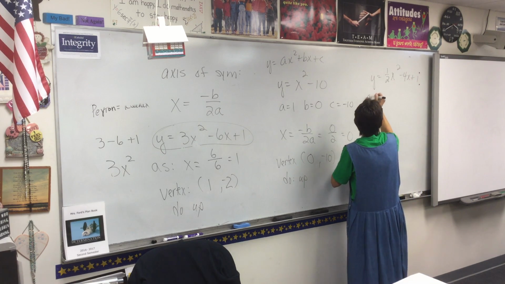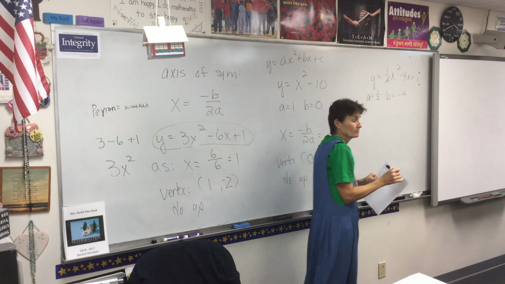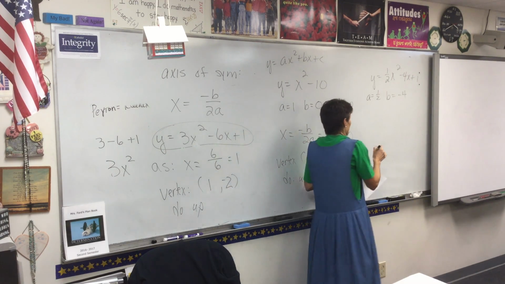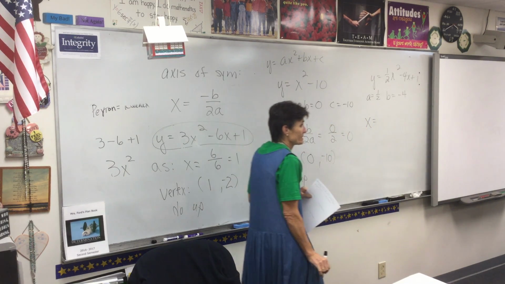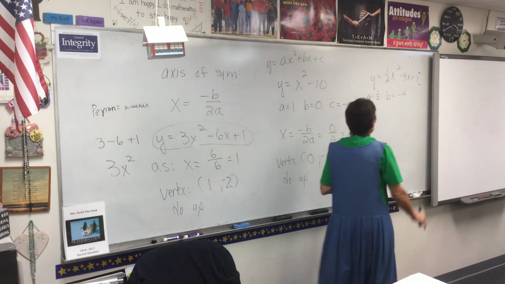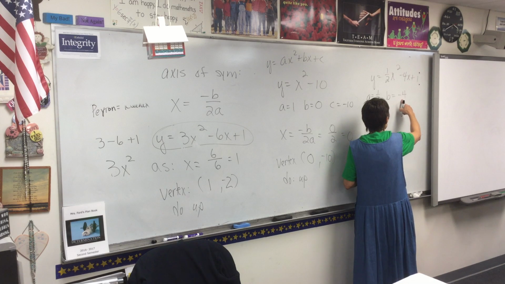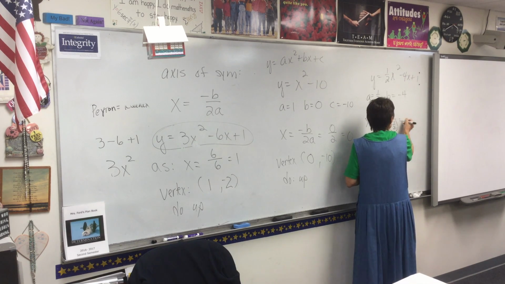So A is 1/2 and B is -4. So, what's my formula for the axis of symmetry? X equals -B over 2A. So -B would be 4 over 2 times 1/2.